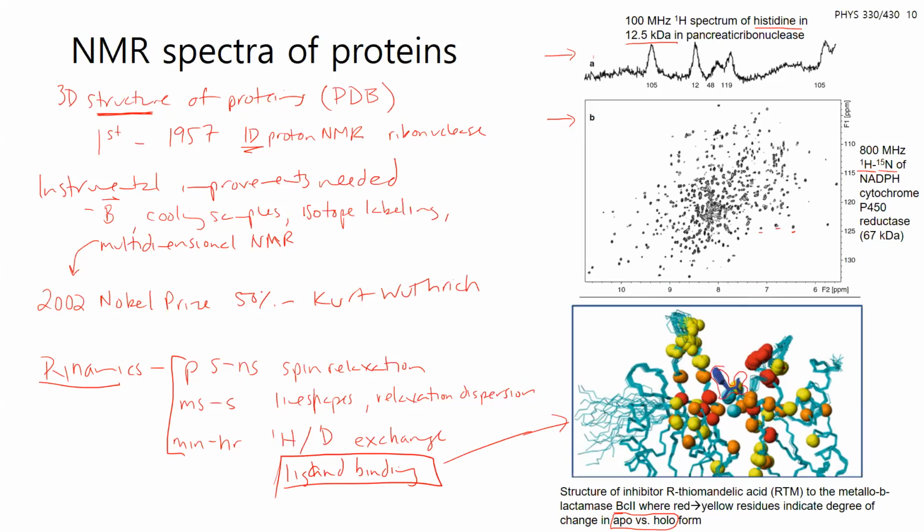And then these red and yellow and orange balls are showing the degree of change in distances for different residues, where red is indicating a large degree of change in the position versus yellow where it's more static. So this is giving you, again, that atomic level resolution and structural changes.